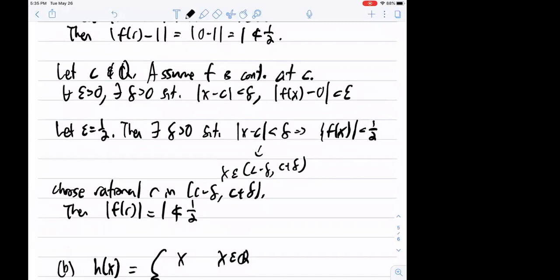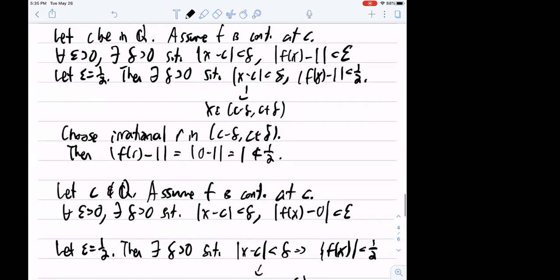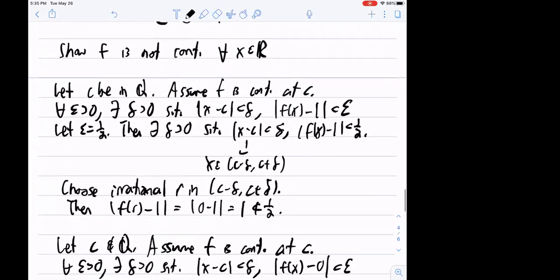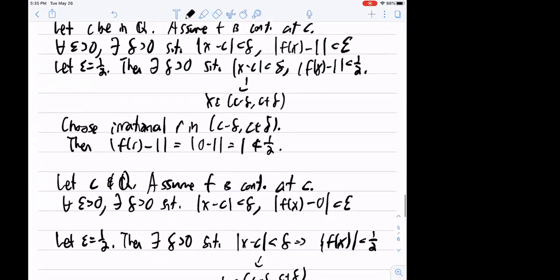In this case, epsilon being a third works, even epsilon being 1 works, because 1 is not less than 1. But certainly not every epsilon will make this false. If you chose epsilon as 2, it's just always true, because the biggest difference between 1 and 0 is 1. You'll always be less than 2.